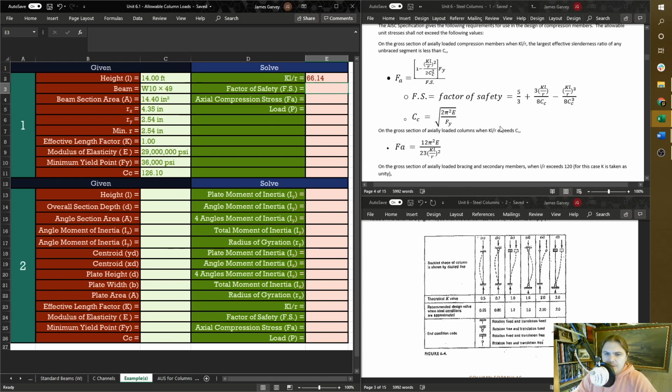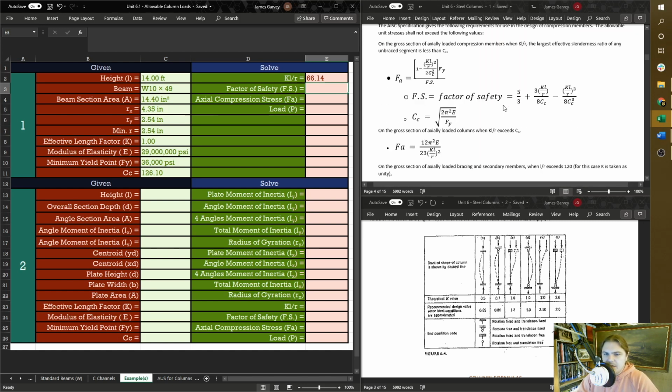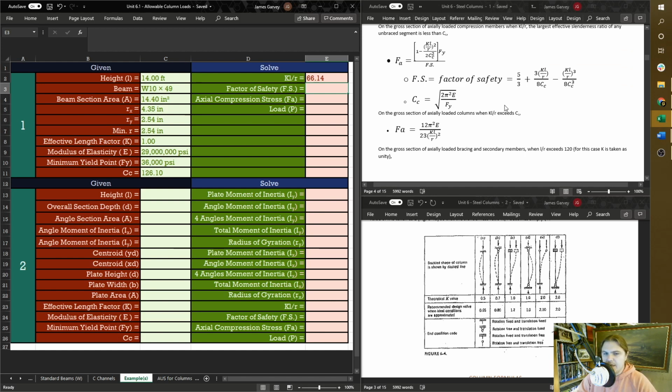There are a couple different cases to consider when designing for, well, we're not there yet, but for our Fa, the actual stress. And right here at column formulas, that kind of explains what each case would be.